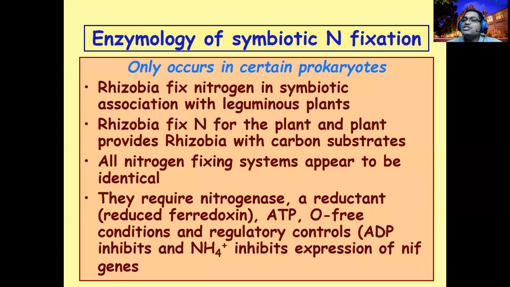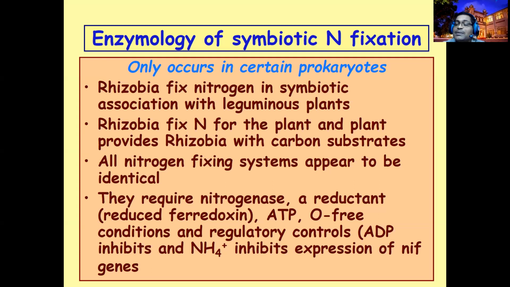How this association works is because the bacteria have certain enzymes. Right? But they don't have any room to utilize this enzyme to convert atmospheric nitrogen into ammonia.